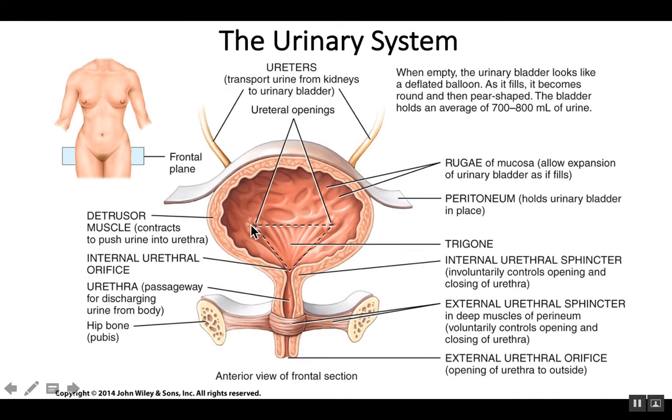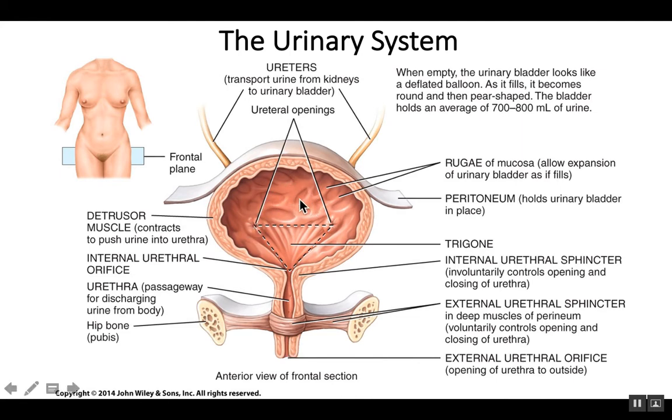There's a connect the dots here showing what's called the trigone. The trigone is basically like a little trough that helps guide that urine down towards the internal urethral orifice. That's where that urine eventually has to leave the bladder through the urethra and out the external urethral orifice.